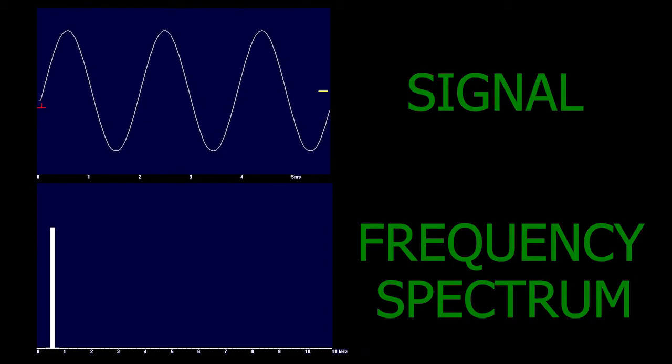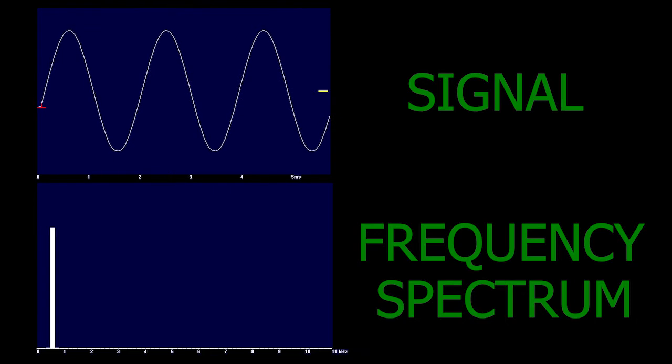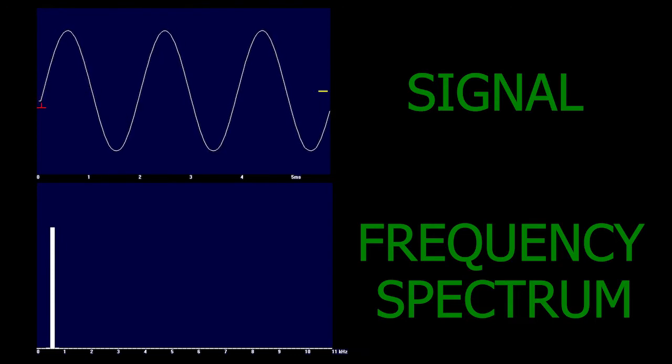At the top of this image, we have the same sine wave that we saw earlier from the signal generator. At the bottom, we've used the Fourier transform to turn that into a frequency spectrum. There's only a single line in the spectrum because there was only a single sine wave in the input.